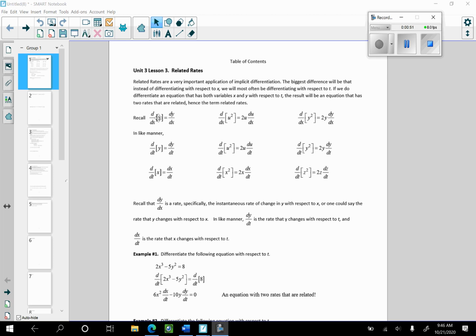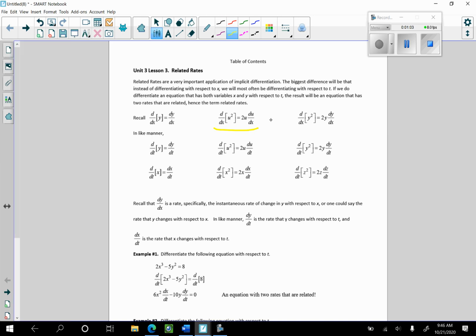We know that the derivative of y with respect to x is dy/dx. We know that the derivative of u squared with respect to x is 2u du/dx. We know the derivative of y squared with respect to x is 2y dy/dx. Not difficult, I'll review.